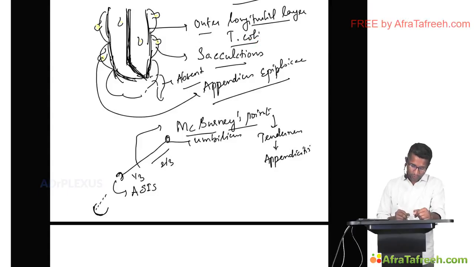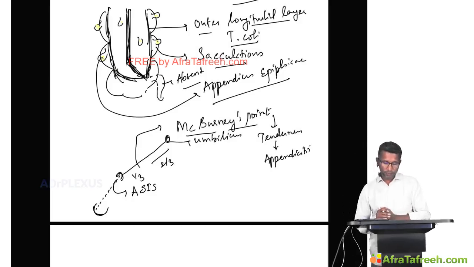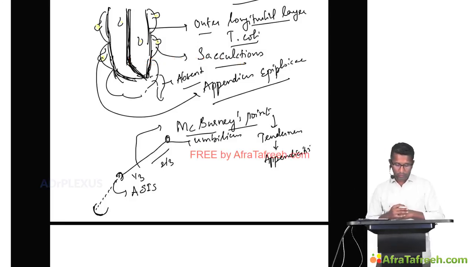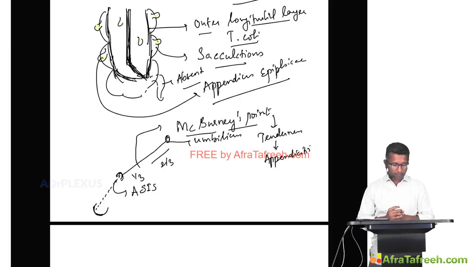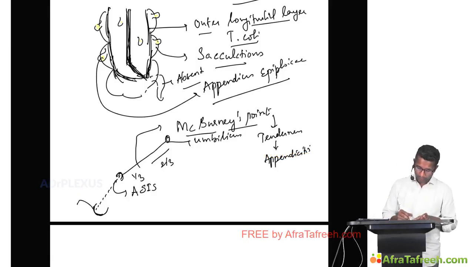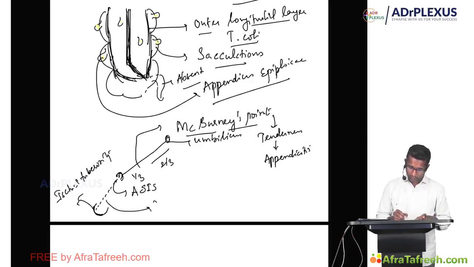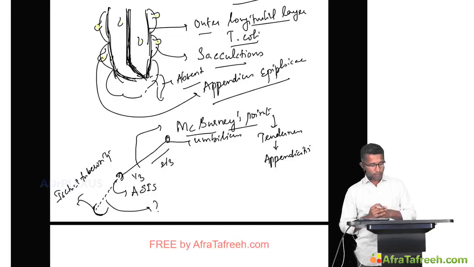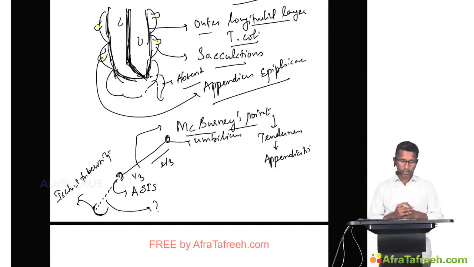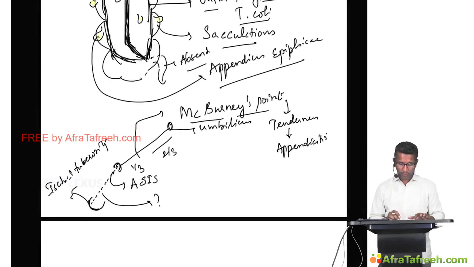If I draw a line from the ischial tuberosity to the anterior superior iliac spine, can anybody tell me what this line is called? Yes, very good Prithviraj, you have answered that tinea coli question also. Now can you answer this question: what is this line called? Anybody, guys?